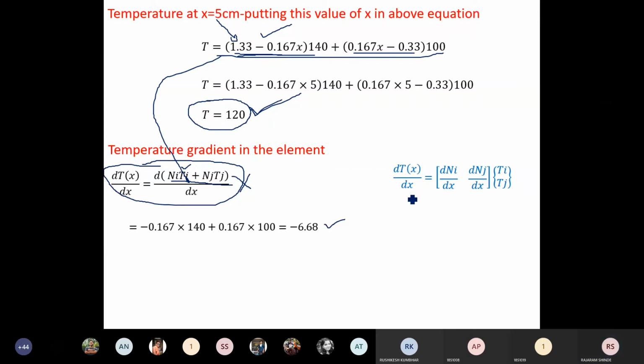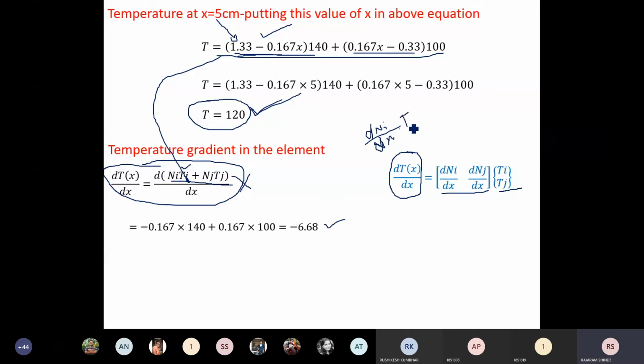Okay, now see here, if we write this in matrix form, derivative of shape function matrix into temperature matrix or nodal temperature matrix. Am I right? You see this equation. And this equation, why I have taken this out of the derivative? Because it is a constant term. If you write this equation, how it becomes? dNi by dx into Ti.